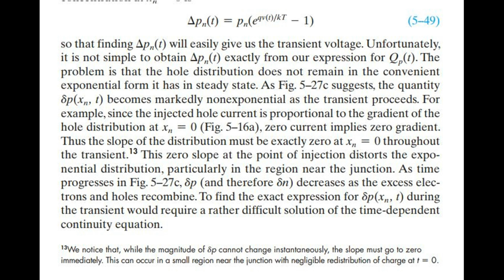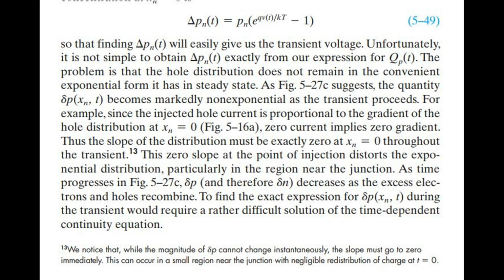For example, since the injected hole current is proportional to the gradient of the hole distribution at xn equals 0, 0 current implies 0 gradient. Thus the slope of the distribution must be exactly 0 at xn equals 0 throughout the transient. This 0 slope at the point of injection distorts the exponential distribution, particularly in the region near the junction.